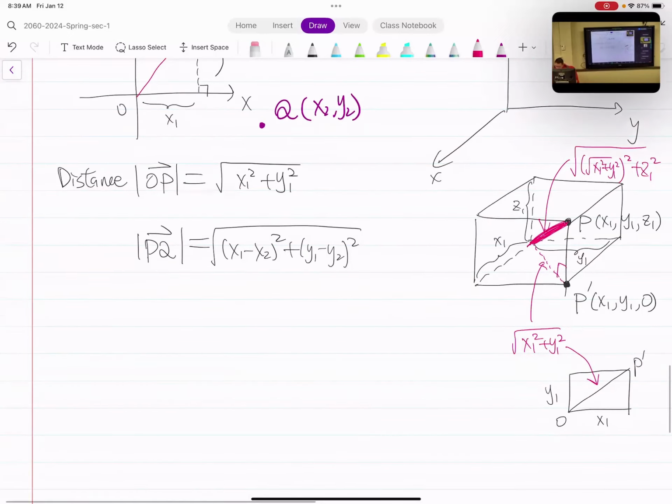So this is the hyperrectangle. Let me move it a little bit to the left.